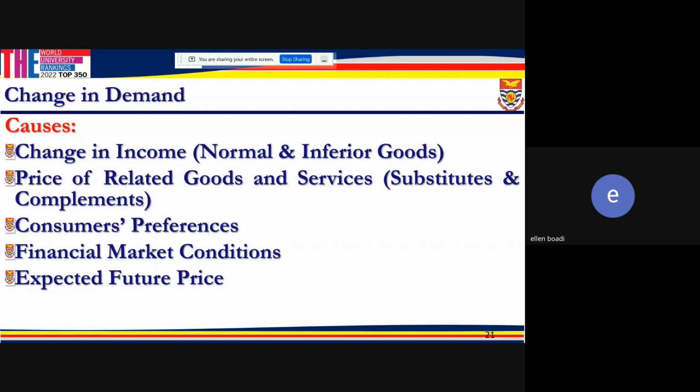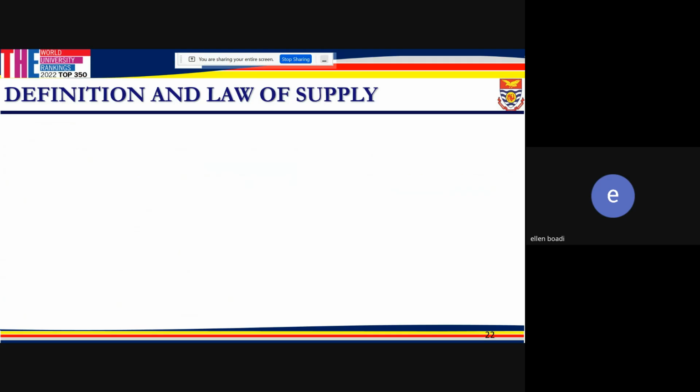If there's a change in the price of the commodity in question, it will result in a change in quantity demanded. So we should be able to differentiate between a change in demand and a change in quantity demanded. Please, are we clear to this point?